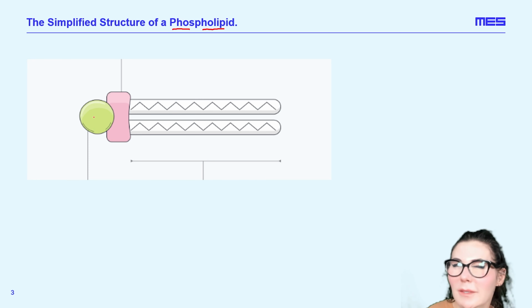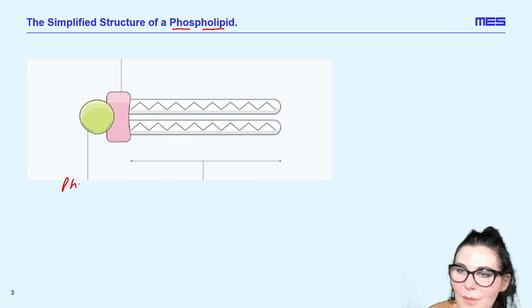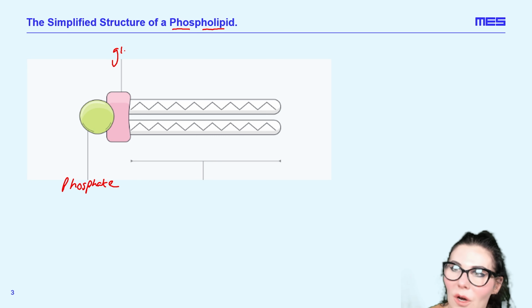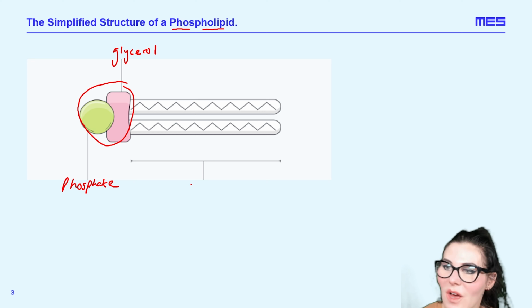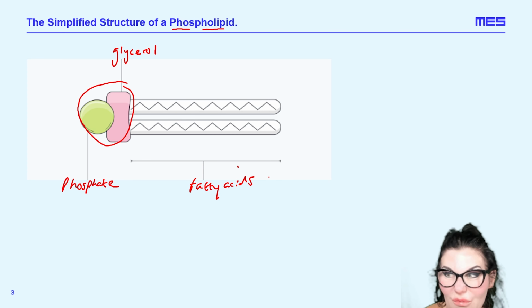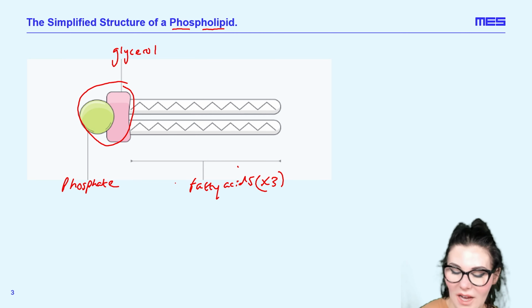A phospholipid is slightly different because phospholipids have a phosphate and a glycerol head. This entire region is the head. And then there are 2 fatty acid tails, as opposed to 3, which you'd find in the triglycerides.